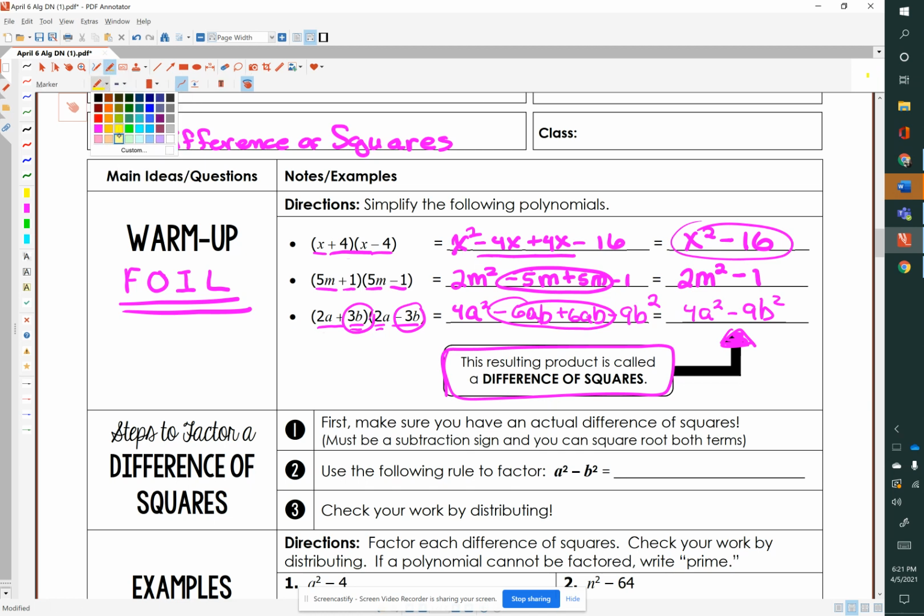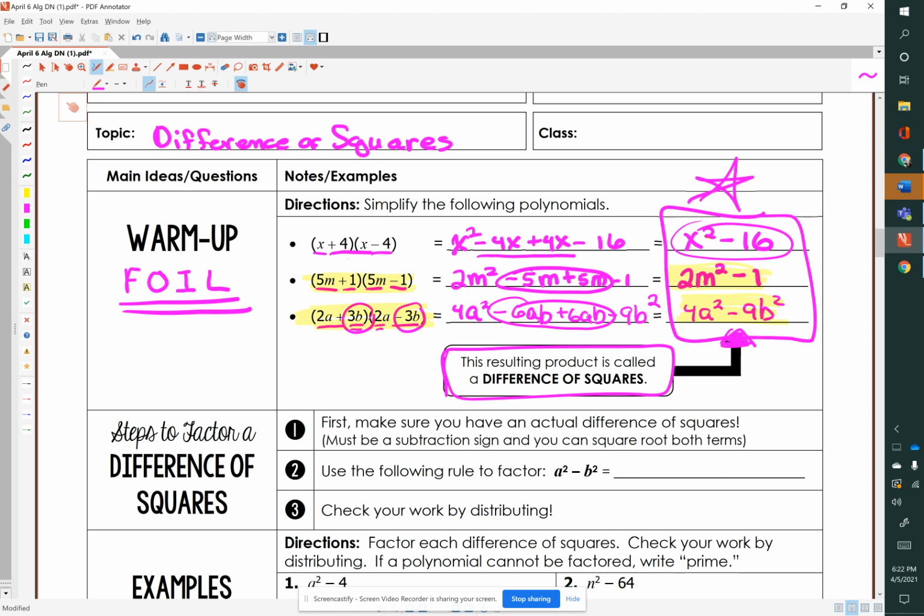When we multiplied 5m plus 1 by 5m minus 1, we have 25m squared minus 1, which is a difference of squares. When we multiplied 2a plus 3b by 2a minus 3b, we ended up again with a difference of squares, 4a squared minus 9b squared. So what we have here on the right side, this is our difference of squares.